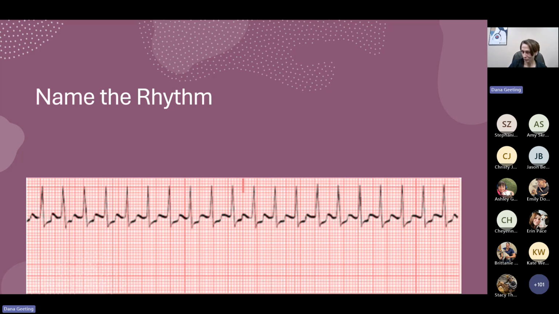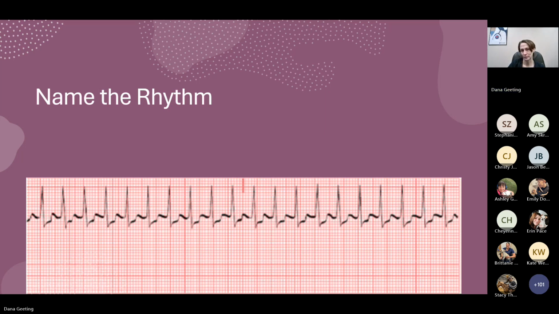So here, if we want to look at this, do we see a P wave for every QRS? And over here, do we see a P wave for every QRS?